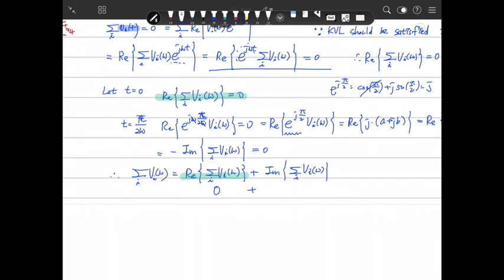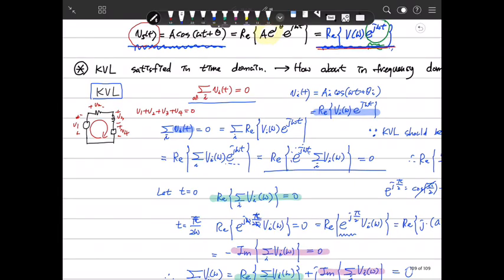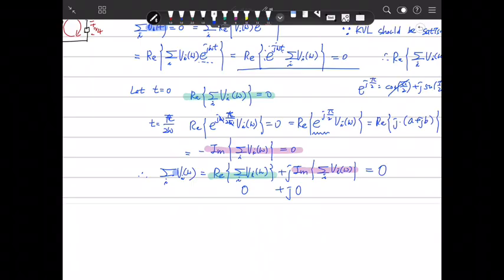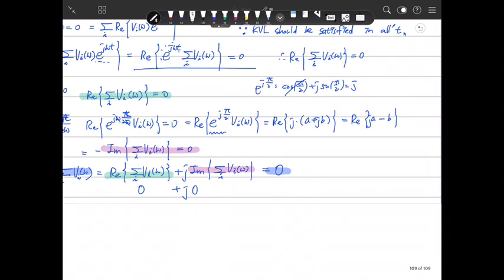So this is 0. As with KVL in the time domain, where the sum of all voltages in the loop is 0, in the same way the sum of all phasors is 0. Therefore, we can use KVL with phasors.